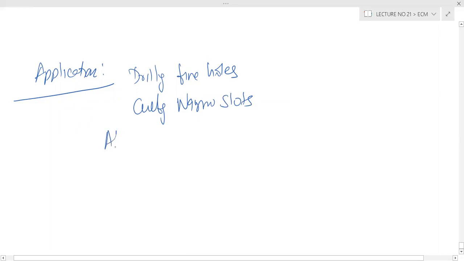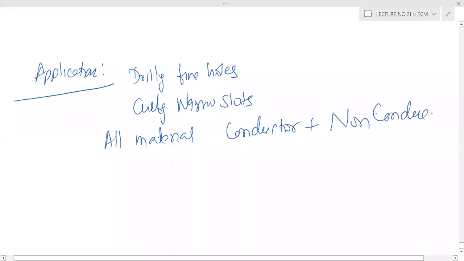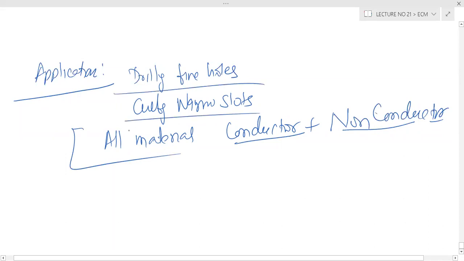And here all materials, whether conductor or non-conductor, we can machine. But in electro discharge machining, only conductor. Electrochemical machining, only conductor. But here, conductor or non-conductor, any material you can machine. You can drill fine holes and cut narrow slots.